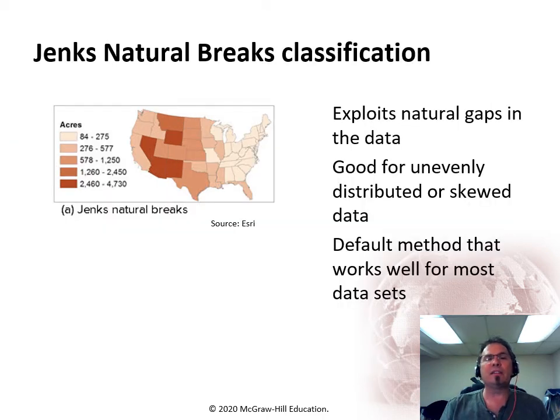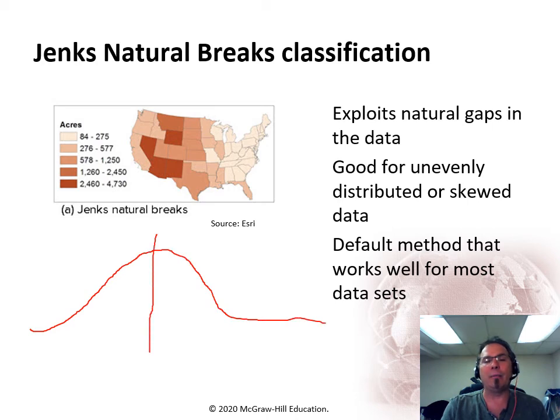So the Jenks Natural Breaks classification, again, is the default one for the program. It exploits natural gaps in the data, and it's good for unevenly distributed or skewed data. If you don't know what that means, you have the classic bell curve of data, where the mean and median are right down the middle.